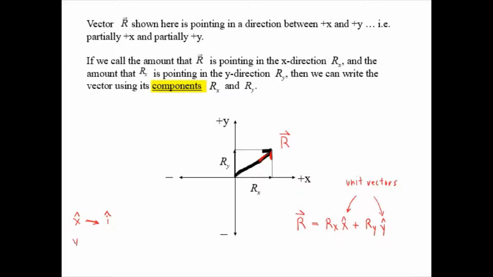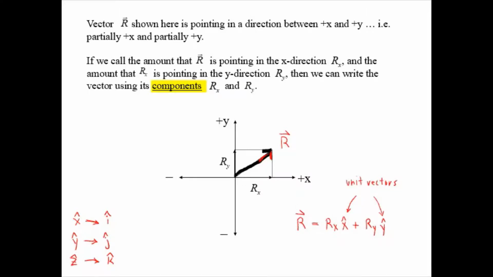Instead of using a y, it uses a j. And instead of using a z, it uses a k. So this ijk unit vector notation is very common. It's used by many different textbook authors, and it's used in mathematics as well.